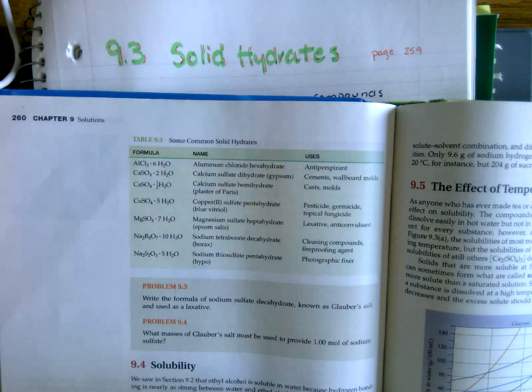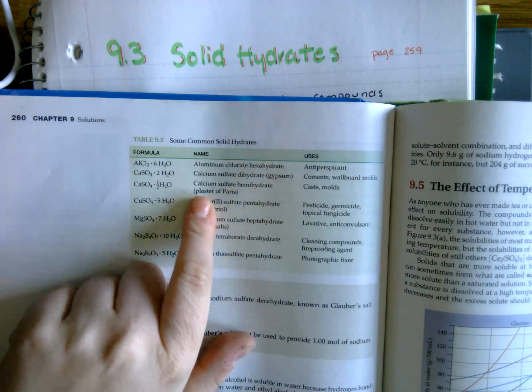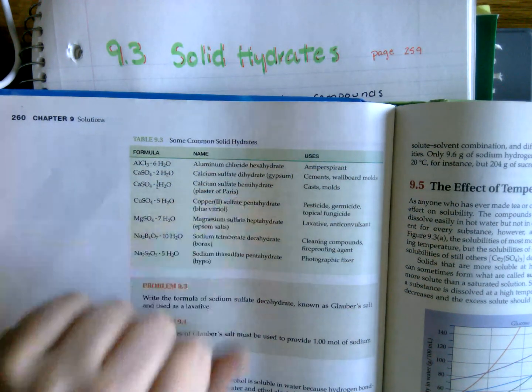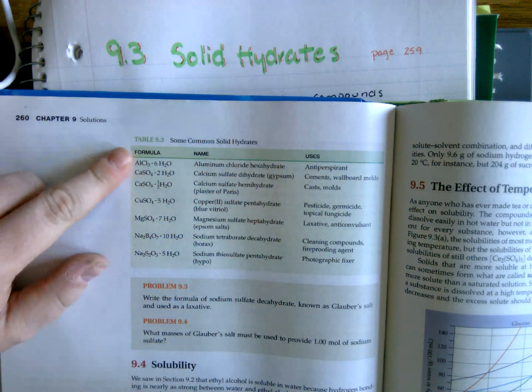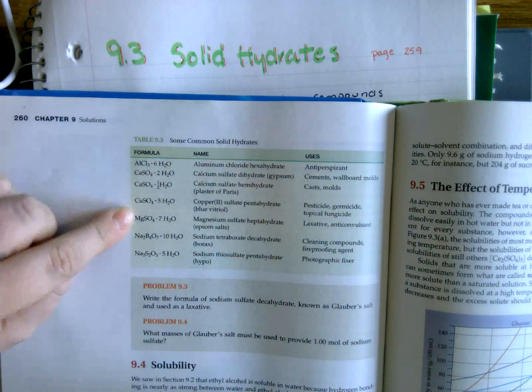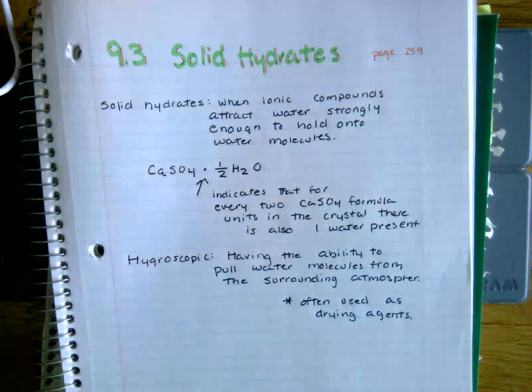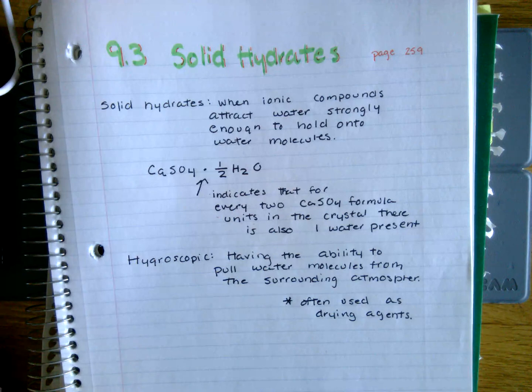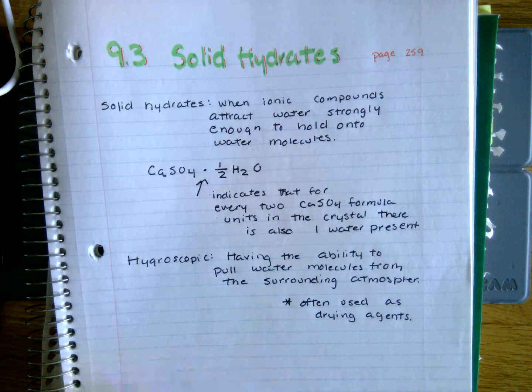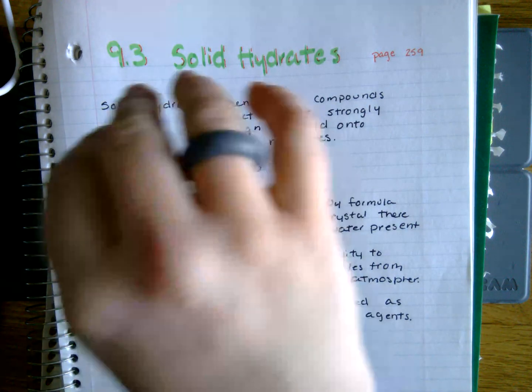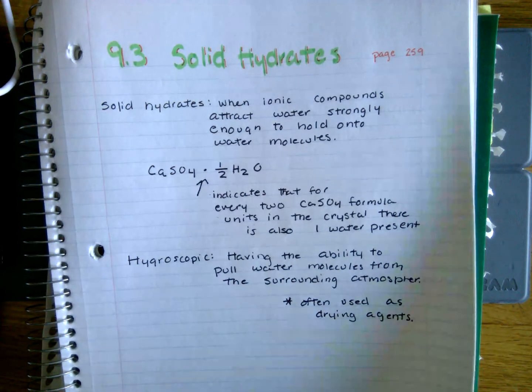For example, I could ask you any question like, what's the name of the common solid hydrate used for casts and molds? And you would say calcium sulfate hemihydrate. Or I could ask you to pick out the correct formula for one of these as well. So that is 9.3.